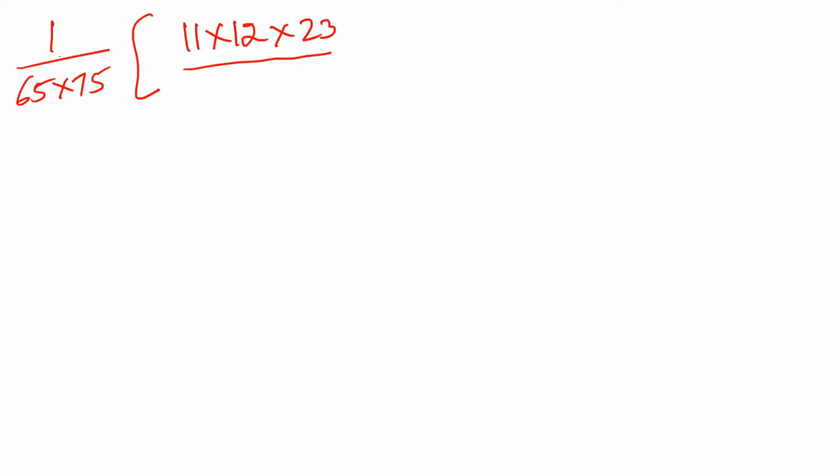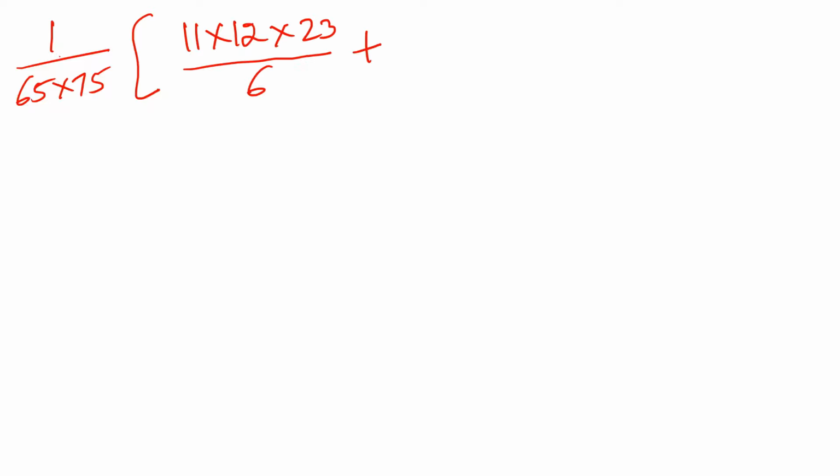Now students, this expression can further be written as 1 upon 65 into 75, and inside the bracket, now we have to write the sum of squares of first 11 natural numbers. So by using that formula n into n plus 1 into 2n plus 1 whole divided by 6 and putting the value of n as 11 into it, we get the value as 11 into 12 into 23 divided upon 6.